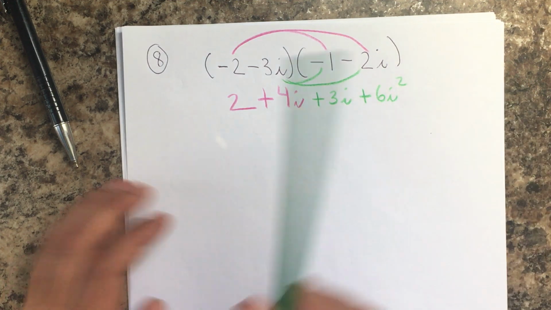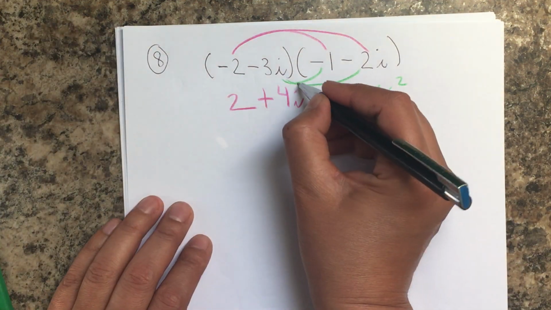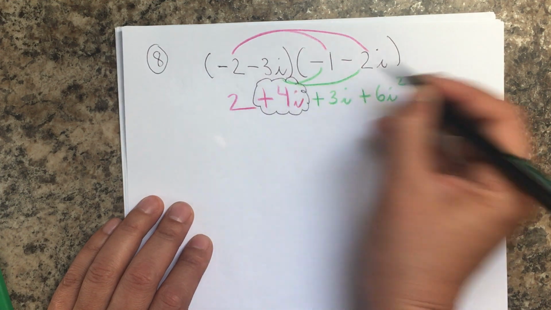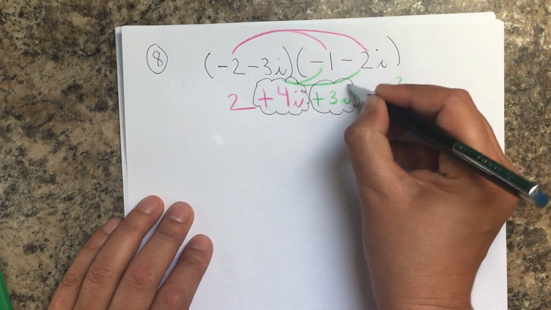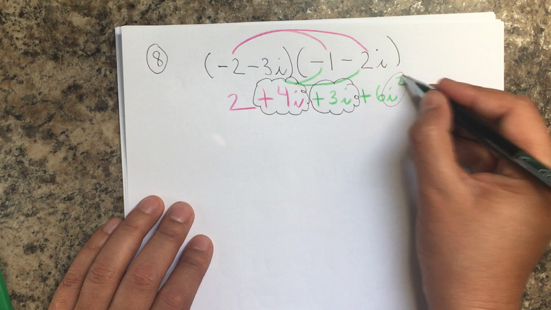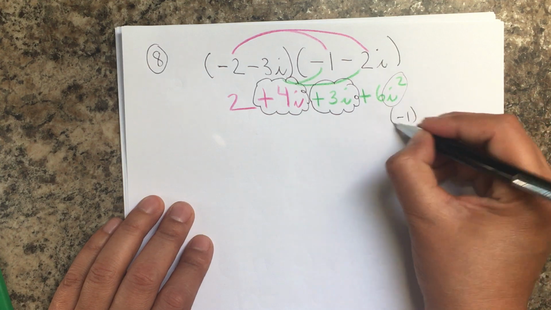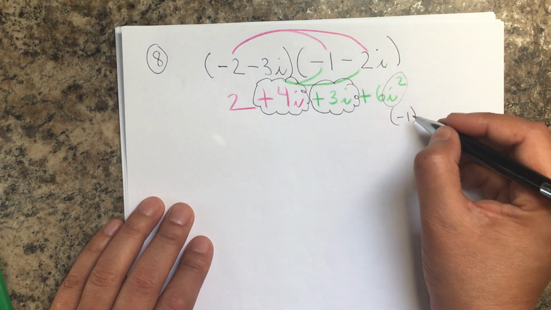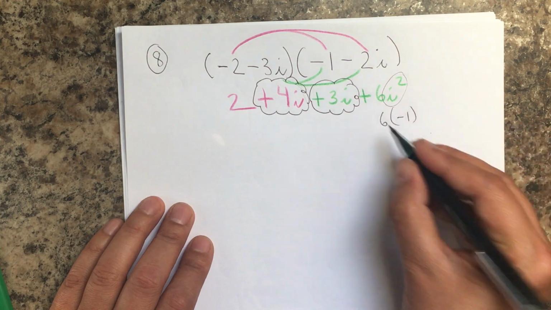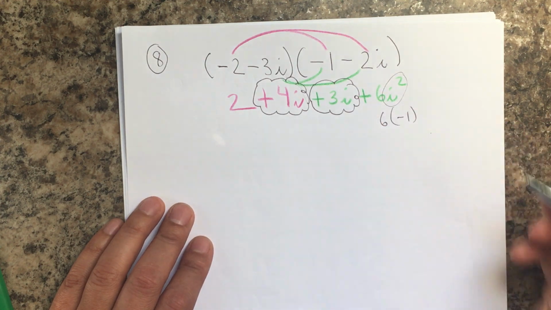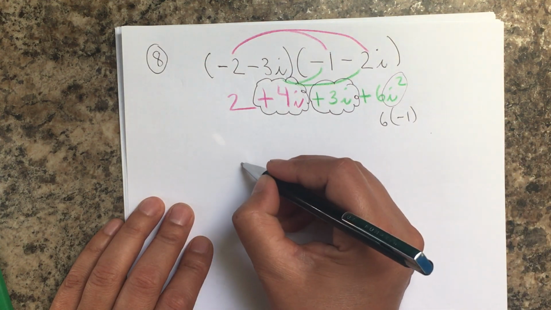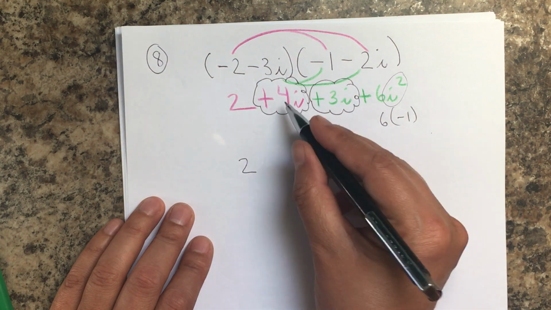Two things that we're going to be doing here, again, combining like terms, and on the side, do this negative 1. Okay, the i squared is equal to negative 1, and multiply by the coefficient. So we're going to have 2.